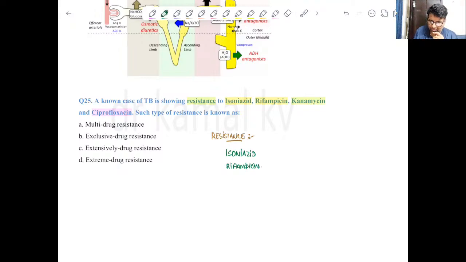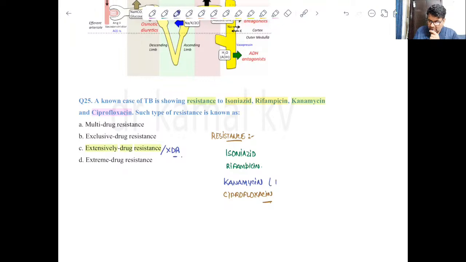Apart from that, kanamycin and ciprofloxacin. Now here you can see, yes, Siva, absolutely right. This is extensively drug resistance, which is also known as XDR. Now here we can see the resistance is not only to isoniazid and rifampicin, which are first line drugs.